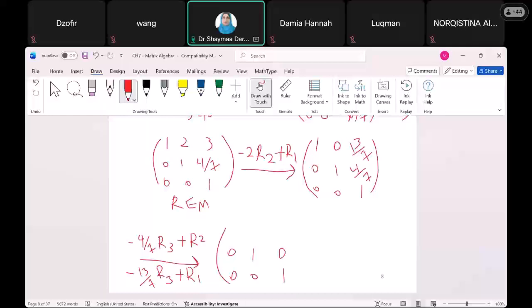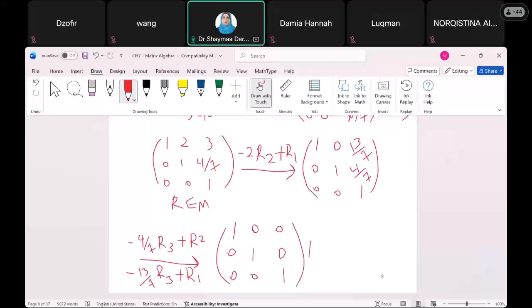-13 over 7, row 3. -13 over 7 times 0 is 0 plus 1, still 1. -13 over 7 times 0 is 0 plus 0, still 0. -13 over 7 times 1, -13 over 7 plus 13 over 7 is 0.